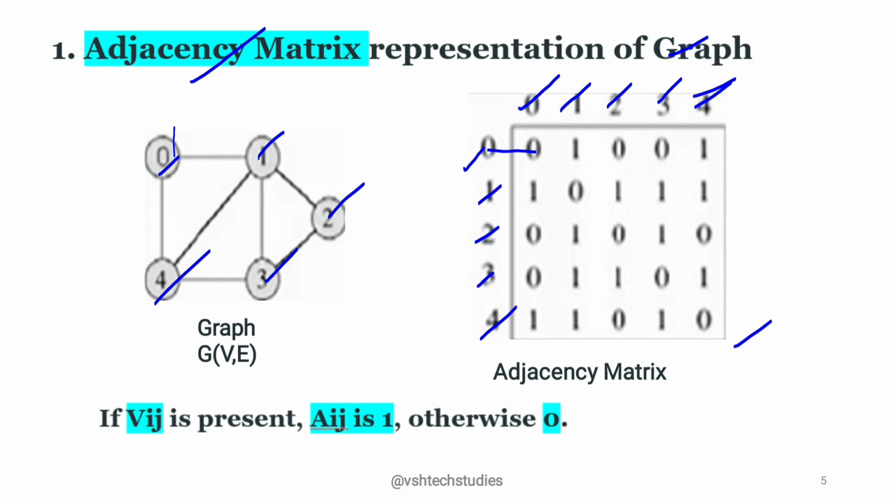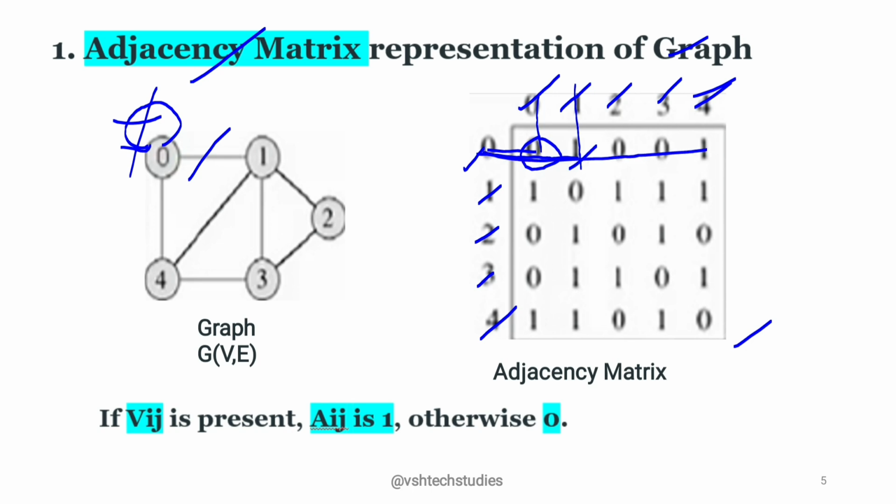After that, for row 0, column 0, what is filled? 0 is filled, because for 0 to 0 there is no edge. Next, between 0 and 1 there is one edge, meaning 1 is adjacent to 0, that is why 1 is written.